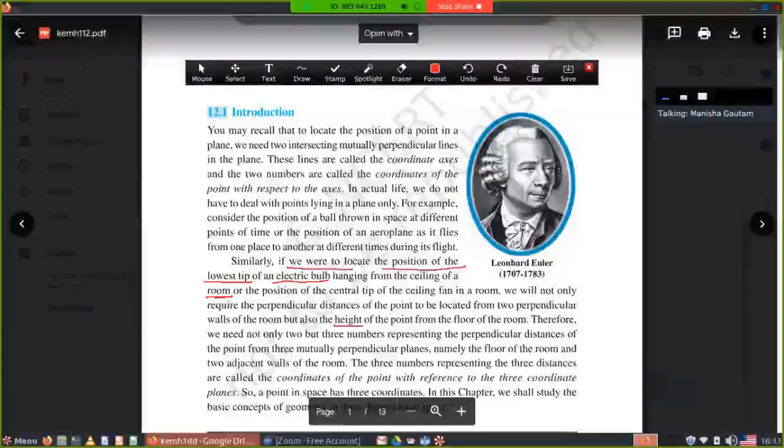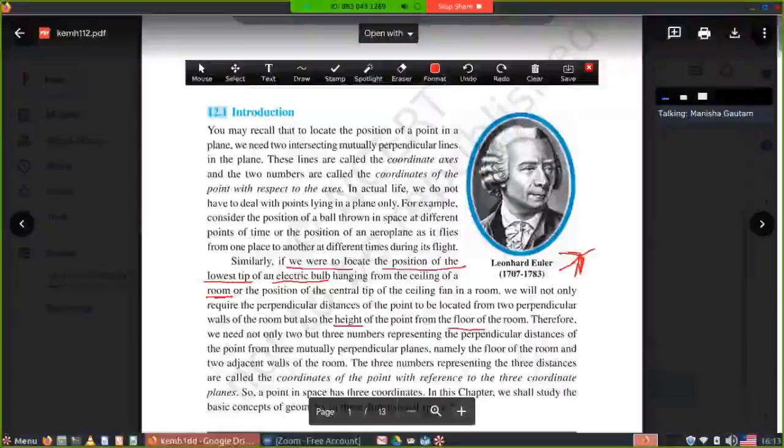It means two perpendicular distances are not sufficient to locate a point when the point is lying in space. So a third line is also required to locate that point. That third line represents its height, the height of the point from the floor of the room.